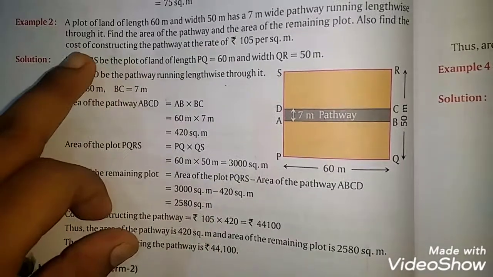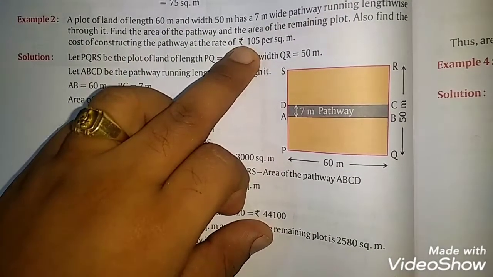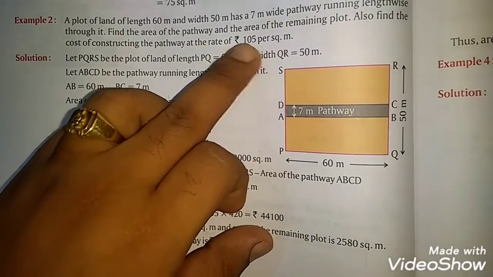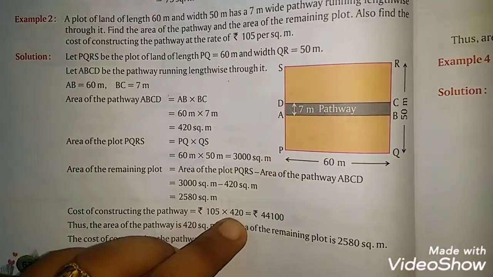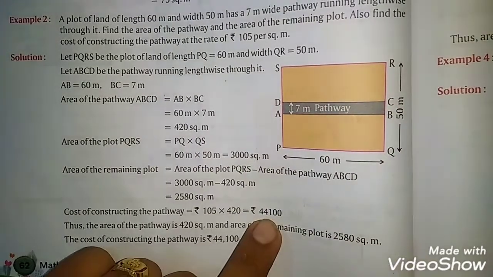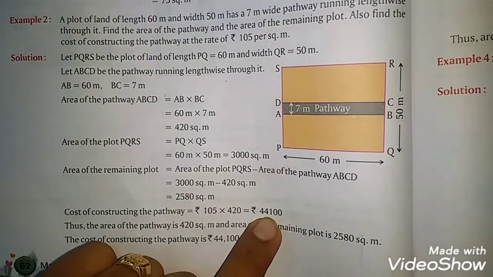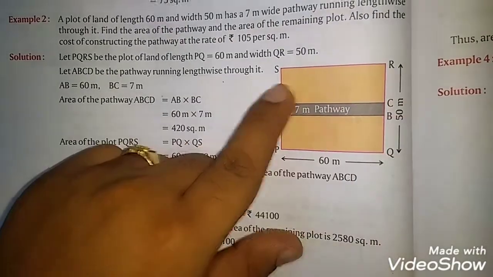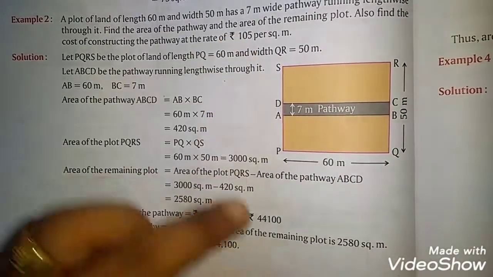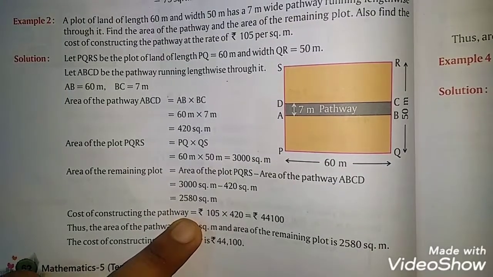What was the rate? The cost of constructing the pathway is at the rate of 105 per square meter. So we will multiply this 105 with the pathway area to find out the whole amount. Is it clear? We will simply multiply the pathway area and the rate, which will give us the cost of constructing the pathway.